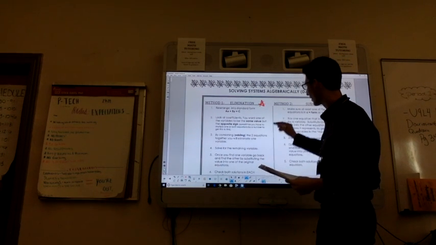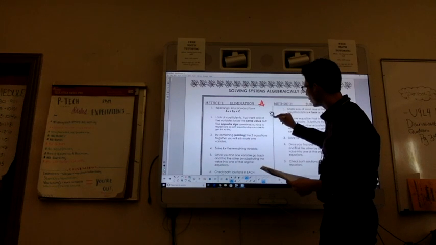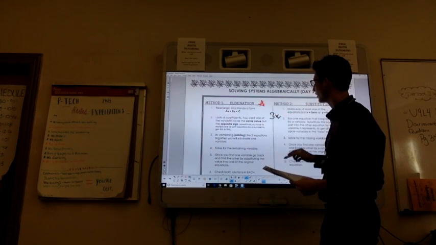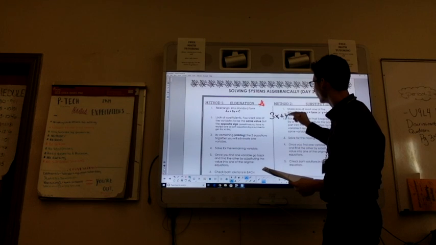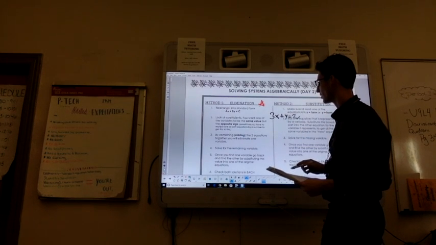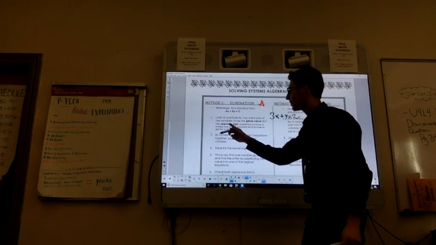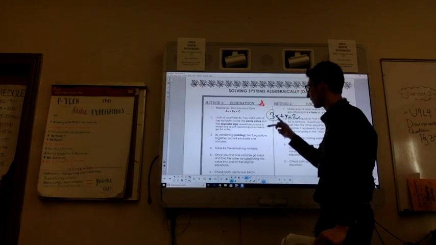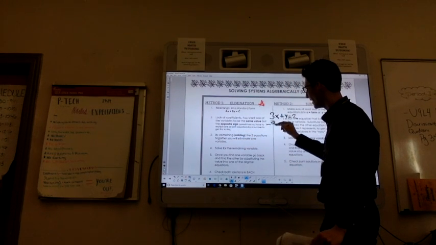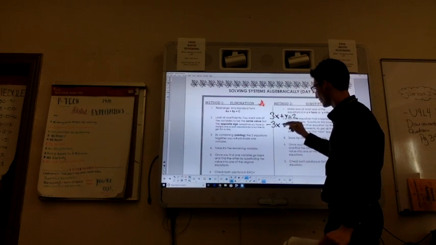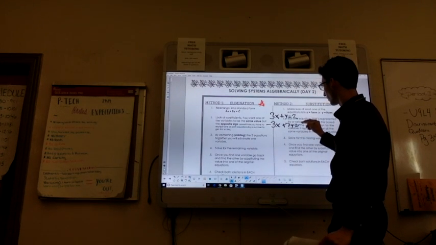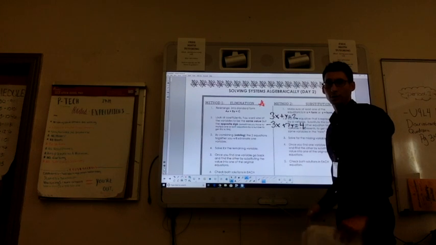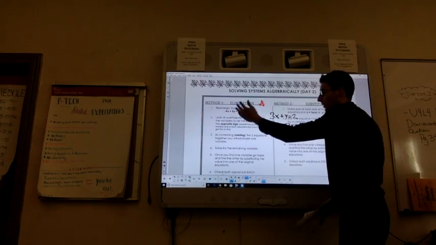Well, that means something like, if I had 3x plus y equals 2 as one of my equations, and I want the same value but opposite sign for one of my variables, I would want something like negative 3x plus 7y equals 4, or something along those lines. And you'll see why.